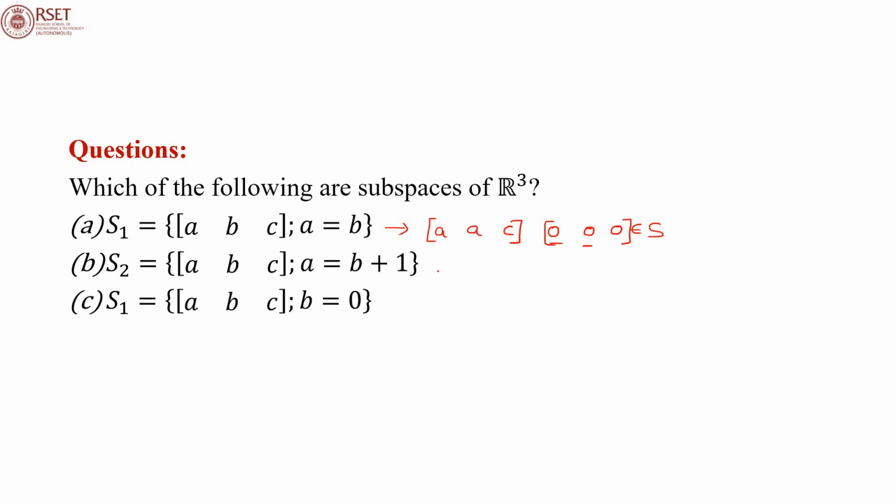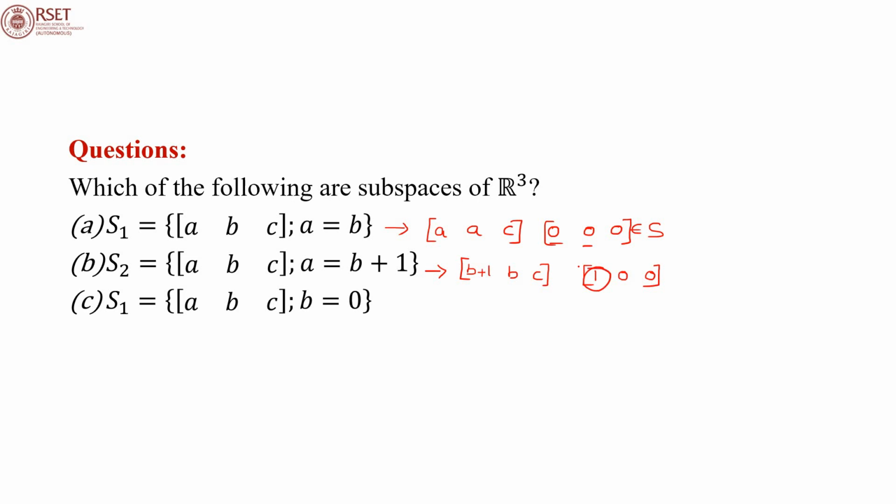Now what about the second one? Here a must be equal to b plus 1. So here the entries are of the form (b plus 1, b, c). So will the zero vector be a part of this? No, because suppose I take b equal to c equal to 0, the entry will be 1, 0, 0.